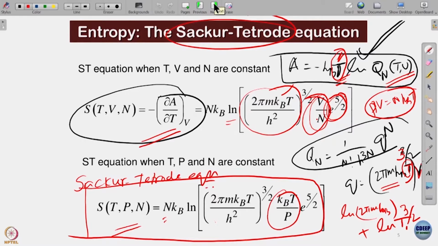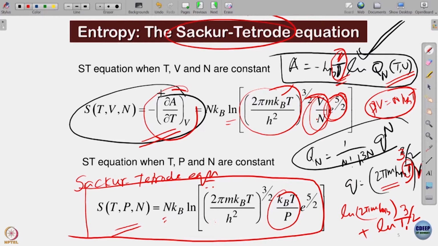Next, using that partition function and the Helmholtz free energy, we get the entropy. The entropy is obtained by the thermodynamic relation, minus dA/dT at constant V, and now we get a beautiful expression for entropy.